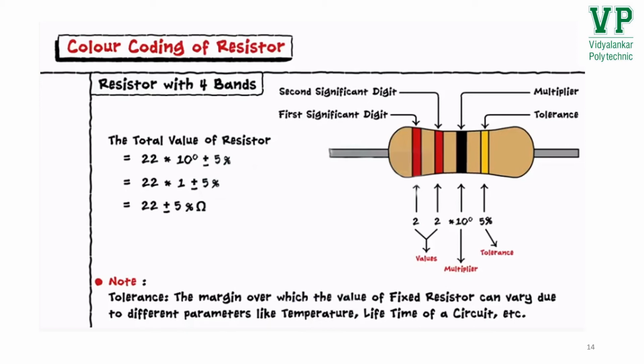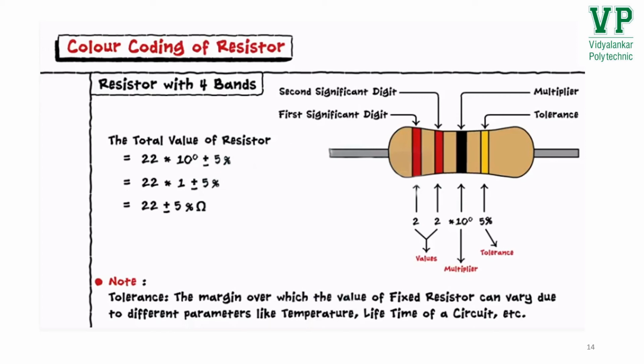Thus the value of this resistance is calculated as: red bands give the value 22, black band gives multiplier as 10 raised to 0, and golden color of tolerance gives plus minus 5%.